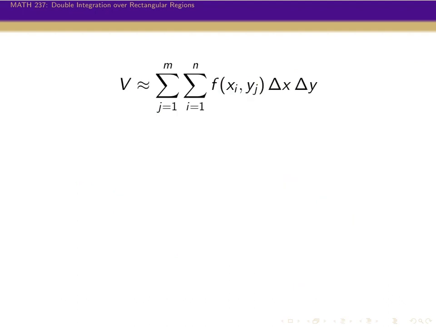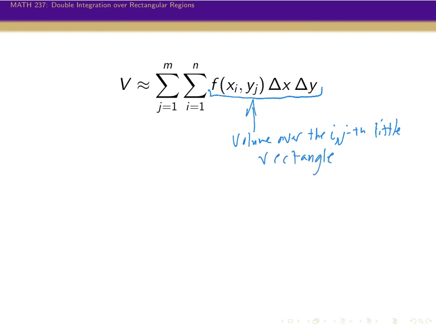Okay, so this f of xi yj delta x delta y, this is representing the volume over the ijth little rectangle. Okay.